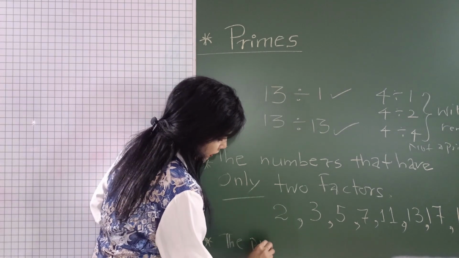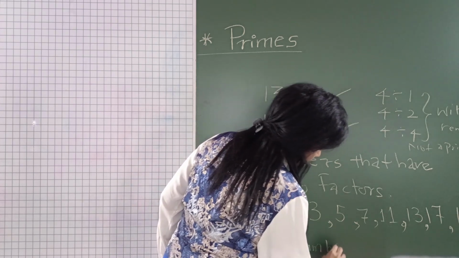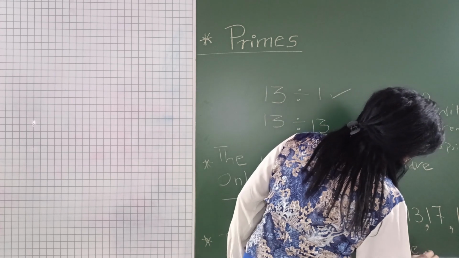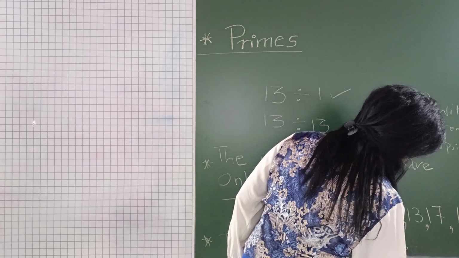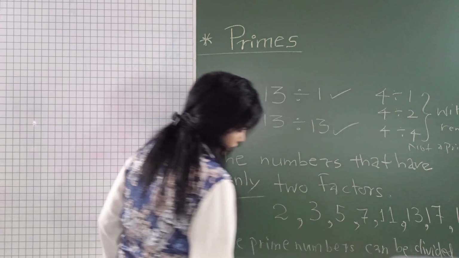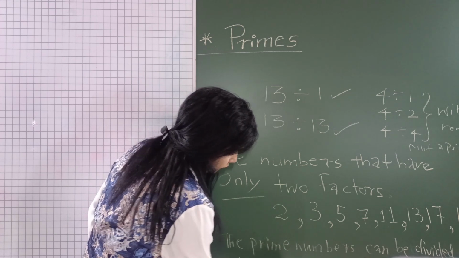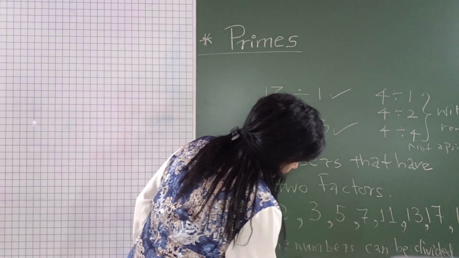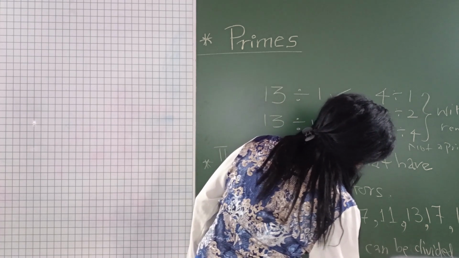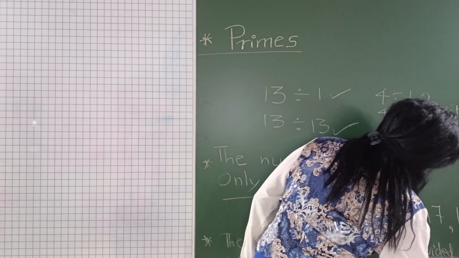The prime numbers can be divided only by 1 and itself without remainders. This is important.